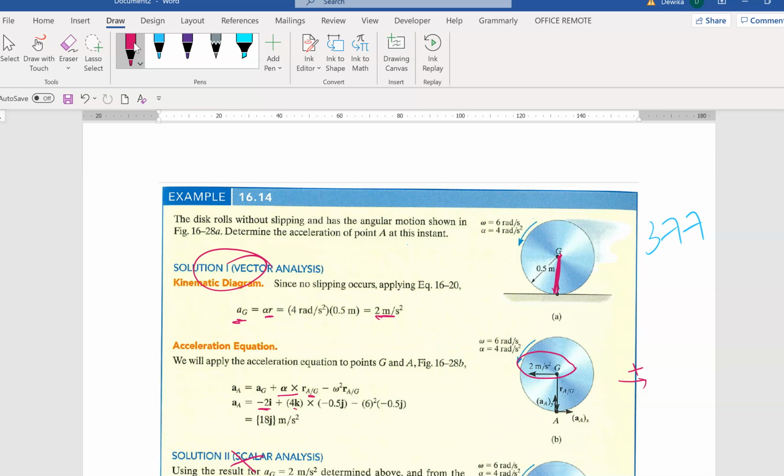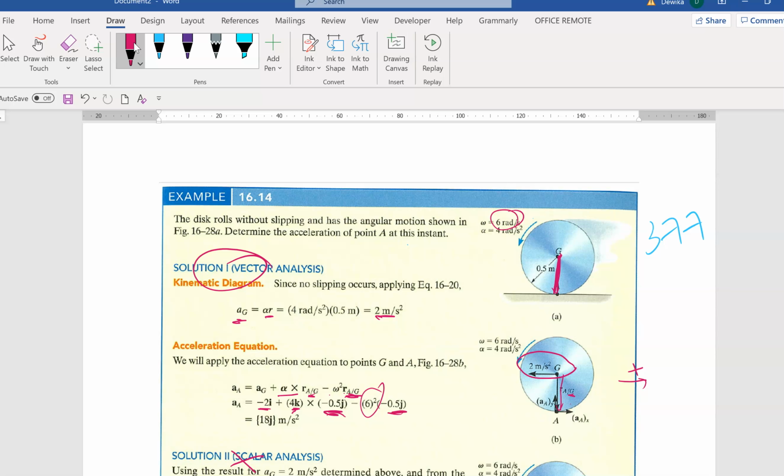So what is alpha? Alpha will be 4k. And then we have RAG. What is RAG? That would be the distance from here to here, which is negative j. Then minus omega, given as 6, squared, and RAG would again be minus 0.5j.